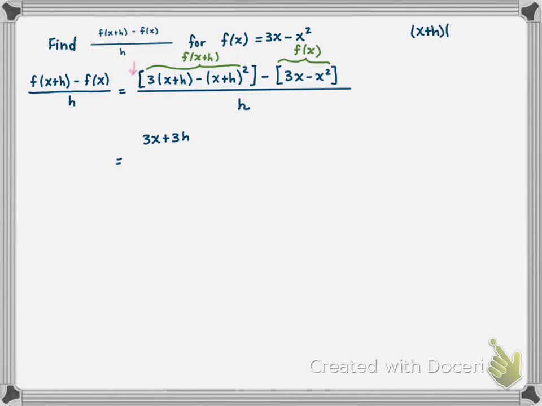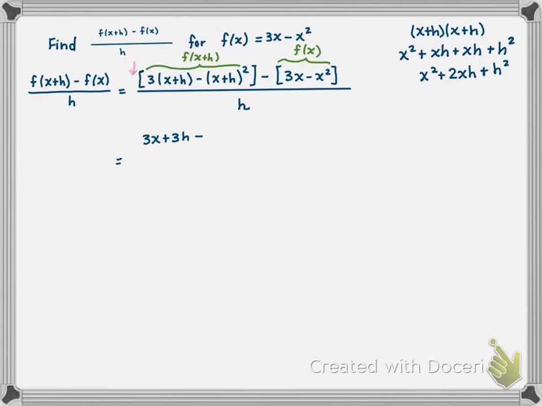You will do this so many times that you'll just memorize what this is equal to. So x times x is x squared. X times h is xh. H times x is also xh. And h times h is h squared. So x squared plus 2xh plus h squared.